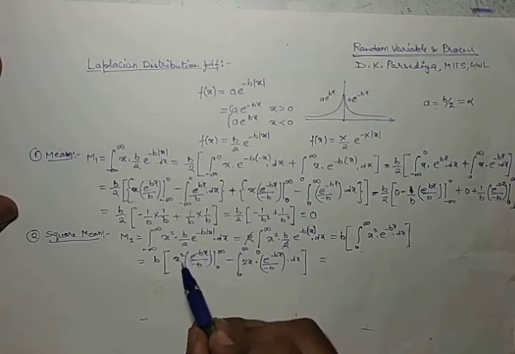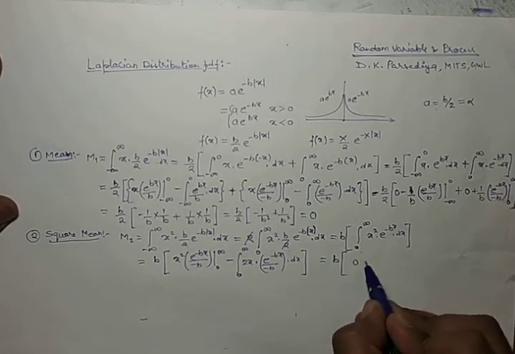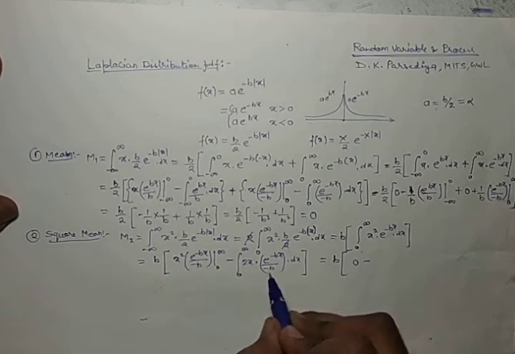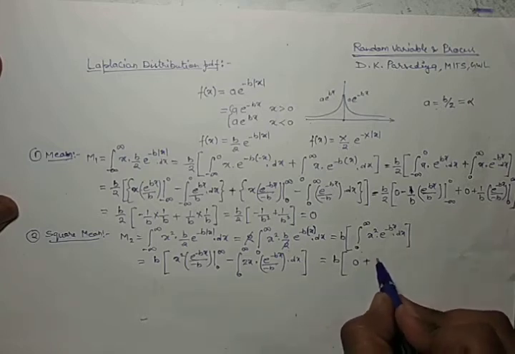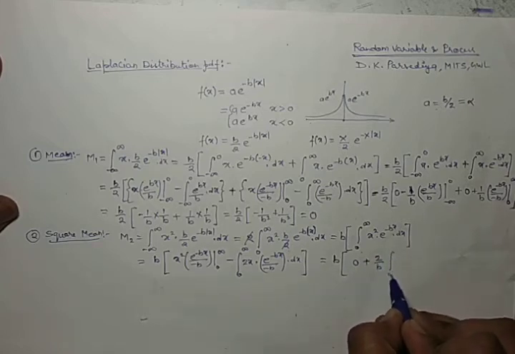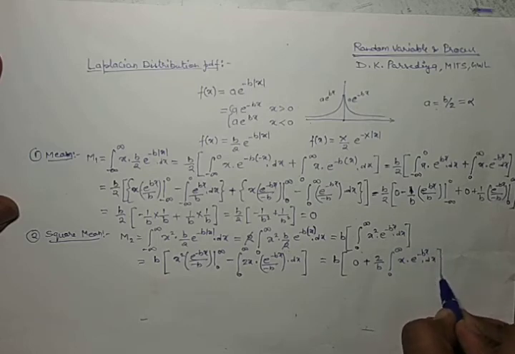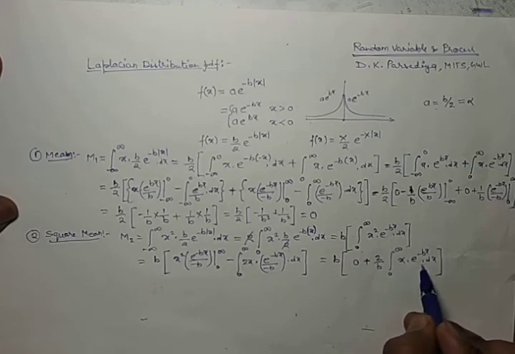So now this portion is again 0 because of the presence of this x square. So b into 0 minus, now this 2 upon minus b is a constant, so bring it outside, so this minus minus will become plus 2 by b, integration 0 to infinity x dot e to the power minus bx dot dx. Now again we have to integrate this function, integration by parts.